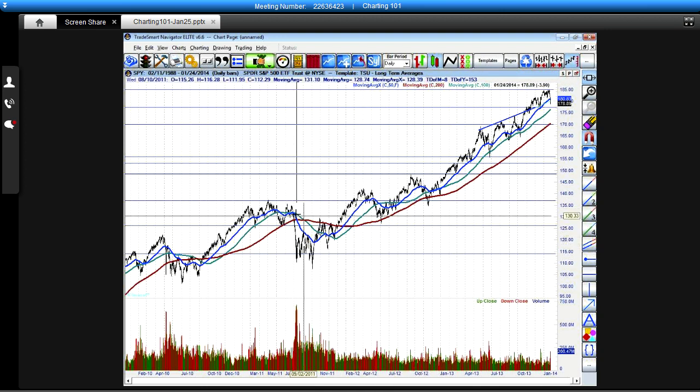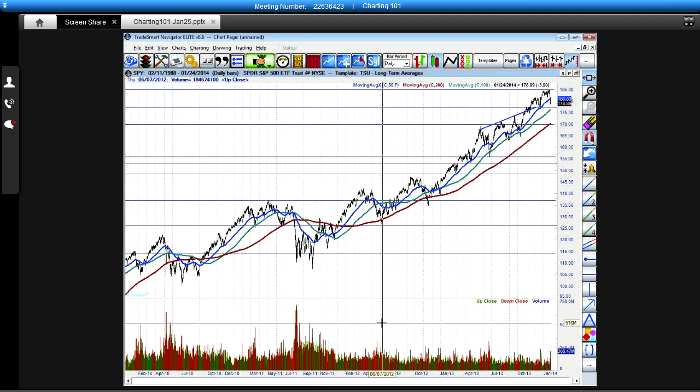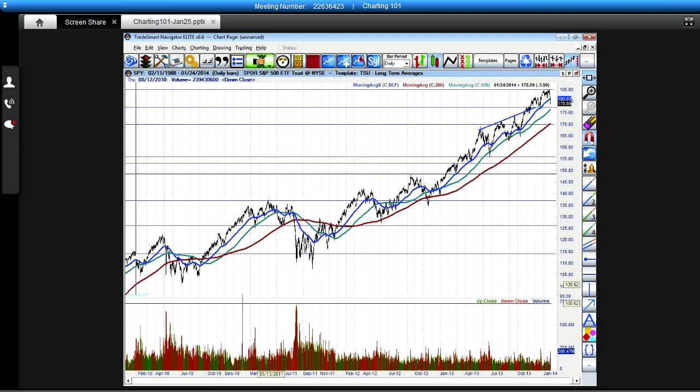And the last time that it did was here. The last time it really broke through, you could see that it just shot down very quickly. So it increased the amount of volatility that the price action had once it finally broke through and broke the trend altogether. So those are the different moving averages.